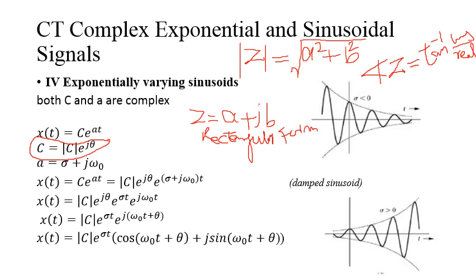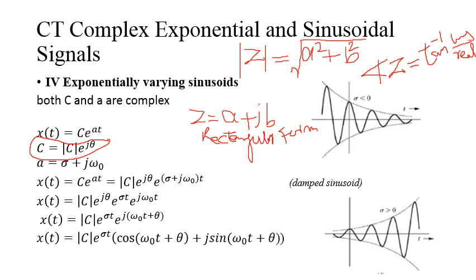So imaginary over real, and taking the tan inverse will result in the phase or the angle. So to represent a complex number in terms of magnitude and angle is called the polar form. So in polar form we write like this. So this is the polar form notation.